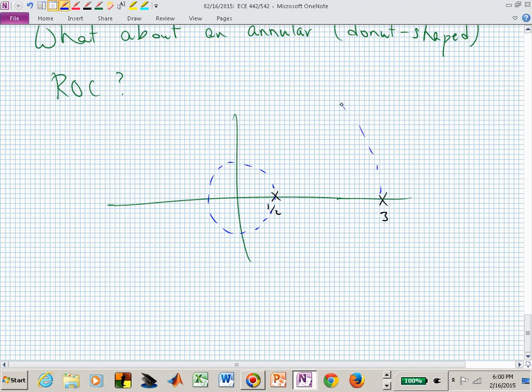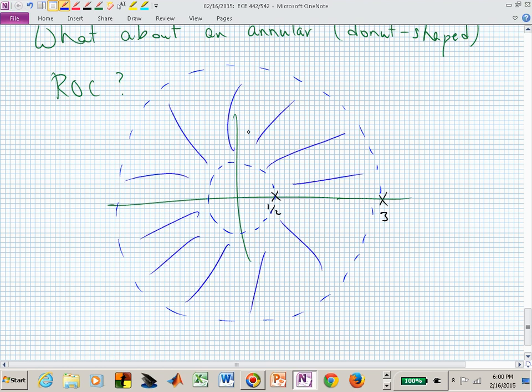There's one radial distance, and there's another, and we're saying now that our region of convergence does not contain those poles. Those poles bound the region of convergence. The pole at 3 is just beyond the region of convergence, and the pole at 1/2 is just inside the region of convergence.